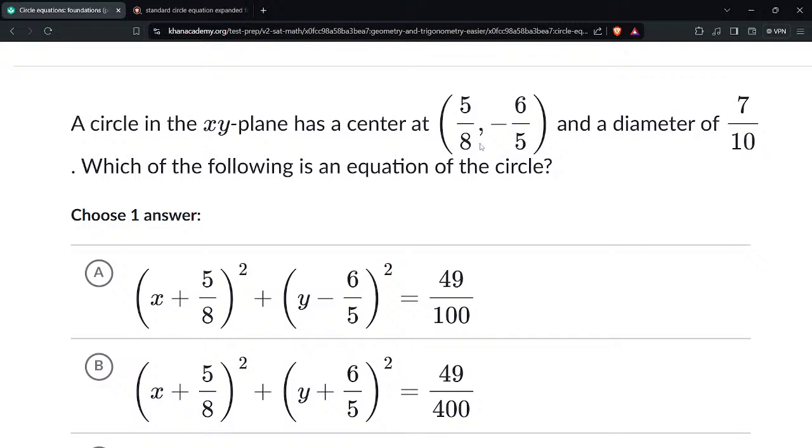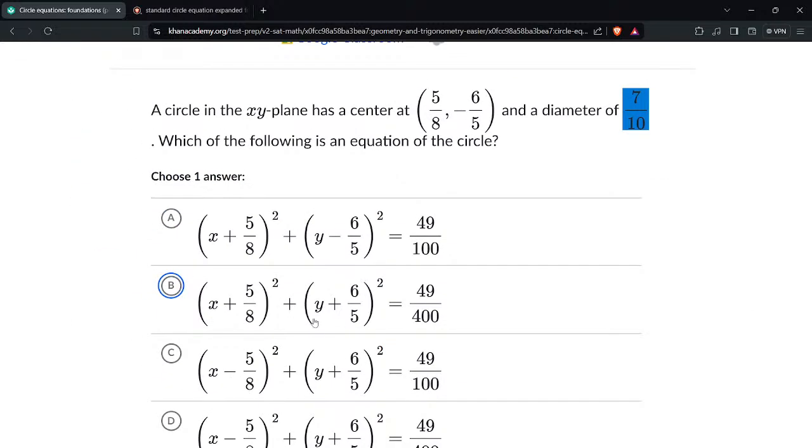This is very easy. So diameter will be 0.7 by 2, and whole square, we got 49 by 400.